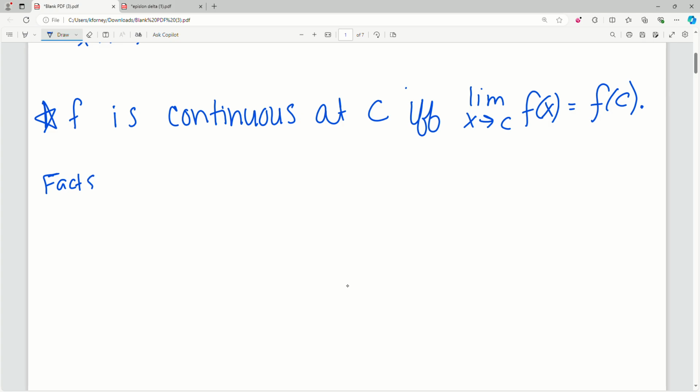So some facts about this, which are what we're going to use when we're trying to discuss if something is continuous.